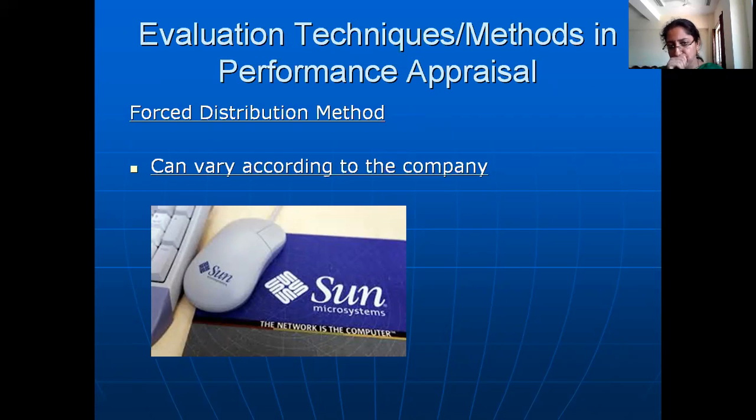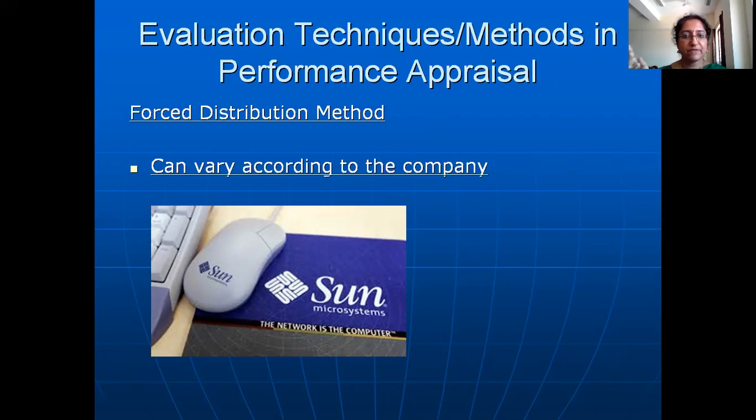Rating is done. You're under the bottom 10%. Company says, sorry, you're under the bottom 10%. You will be given 3 months chance to improve yourself. If you don't improve yourself in the 3 months, company gives you a choice. You leave the company and I will give you severance pay. Another choice is stay with the company and improve yourself.